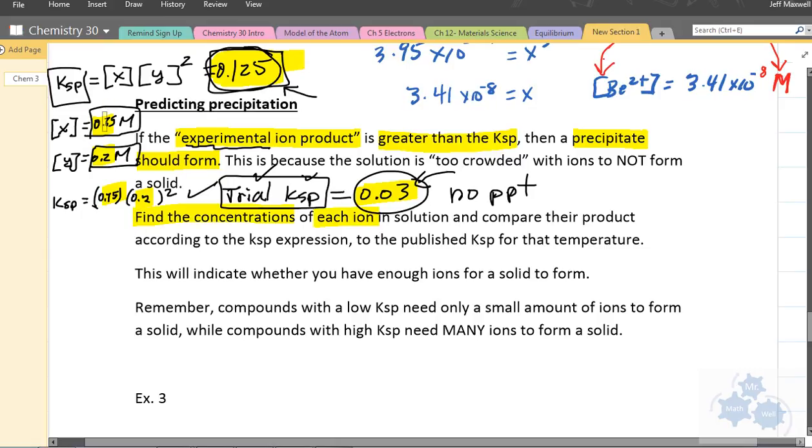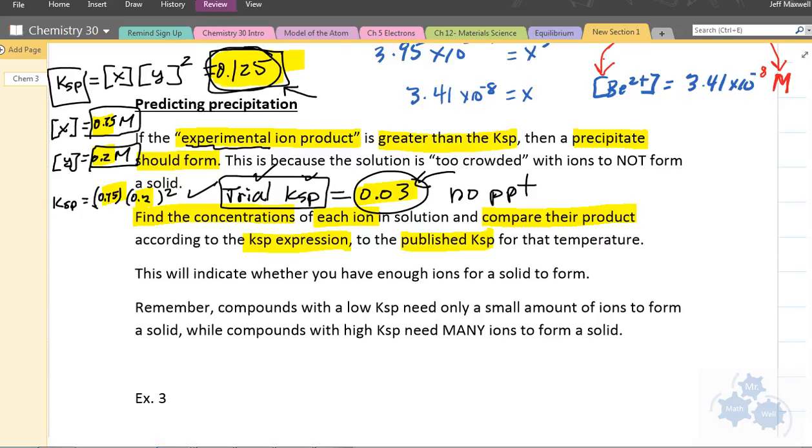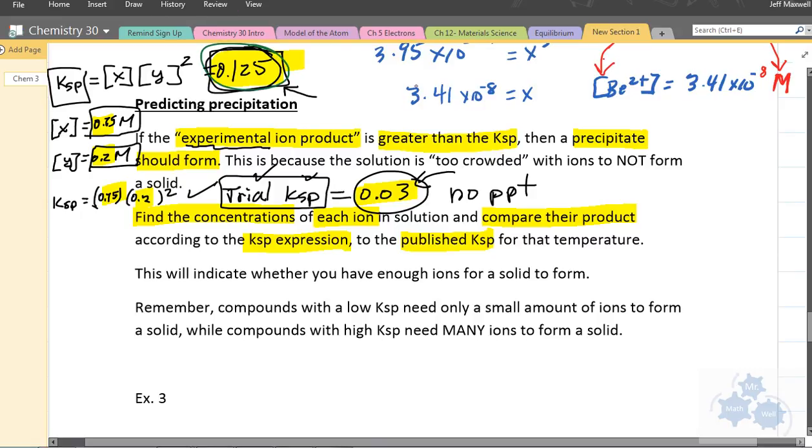That's what we did up here, 0.75, 0.2. And you compare their product according to the Ksp expression. That's what we did. We plugged them into the Ksp expression for this example. And then you compare that to the published or given Ksp, which is this right here. This will indicate whether you have enough ions for a solid to form.